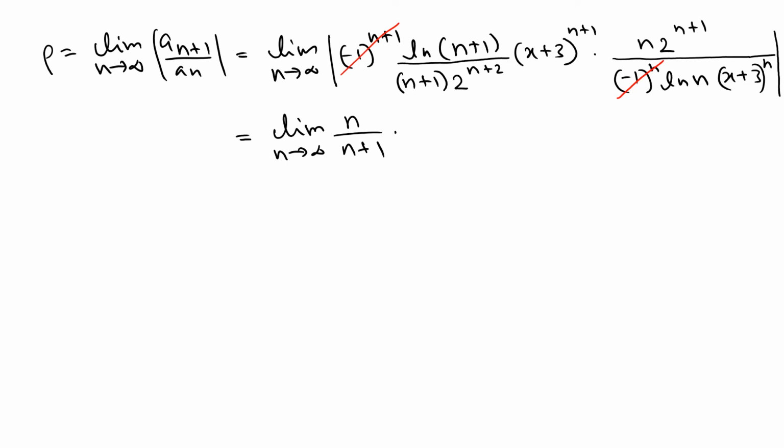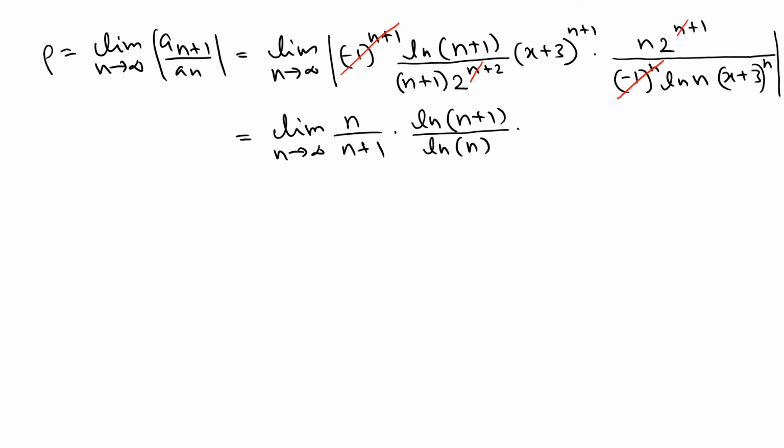And then we're going to collect the log terms: ln(n plus 1) over ln n. Then we have 2 to the n plus 1 on the top and 2 to the n plus 2 in the bottom, and you can cancel the powers of n.